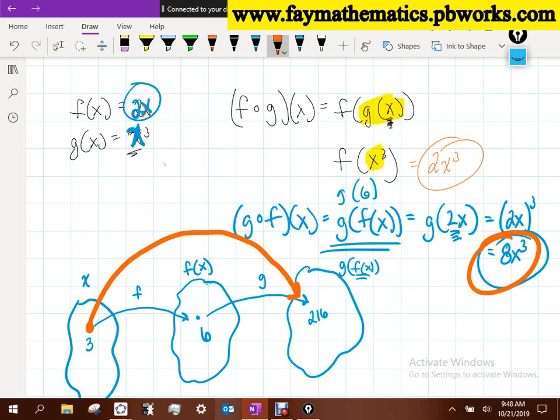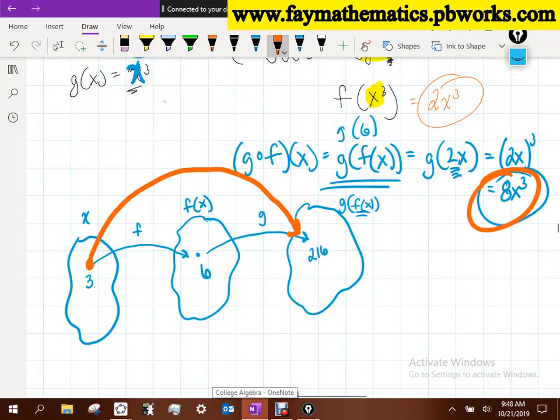The purpose of being able to create 8x cubed is when I have all those additional points. Maybe I've got 12 points in there. Do you want to evaluate 12 inputs into f of x, get 12 outputs, take those 12 outputs, run them through G, and get the final 12 G of f of x's?